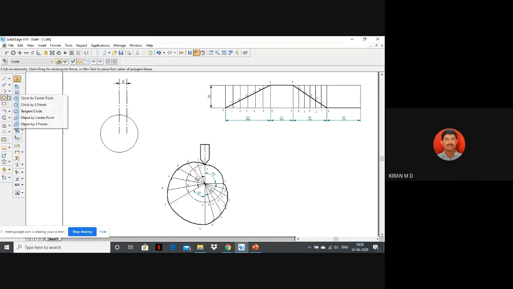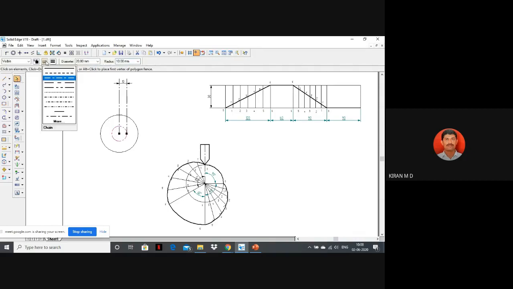Along with that, go to circle by center point. From this center, with the same offset, this tangent becomes a 10 mm radius or 20 mm diameter. This is the base circle and this is the offset distance circle. Have you got the idea?